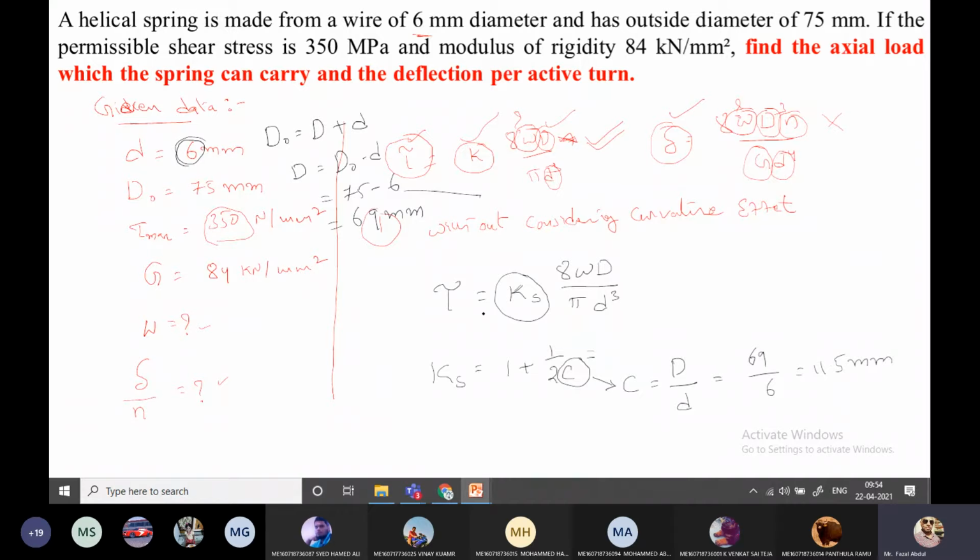Substitute the C value here: 1 plus 1 by 2 into 11.5. So now how much is this value, the Ks value, the shear stress factor?